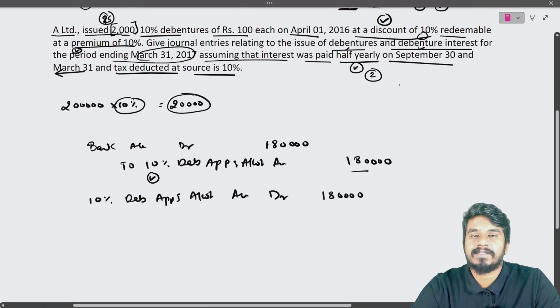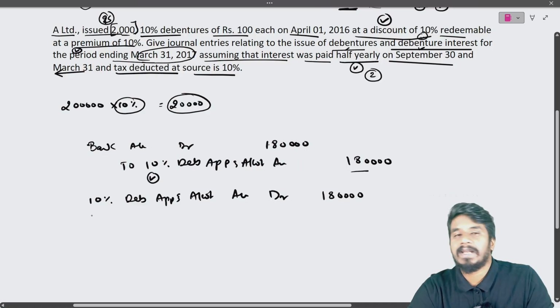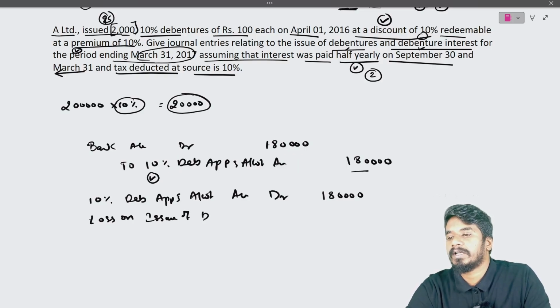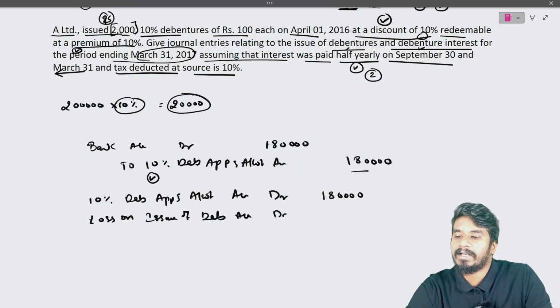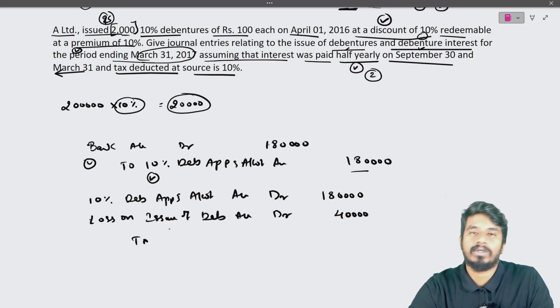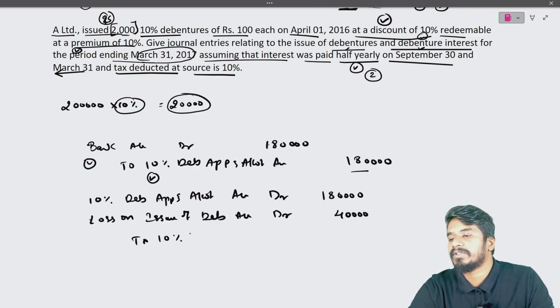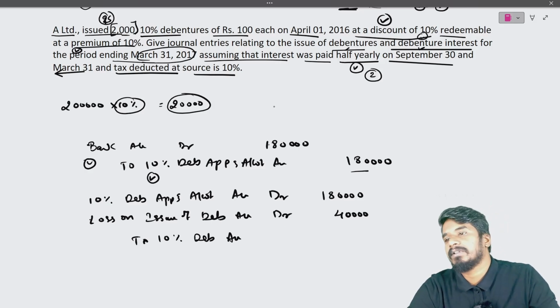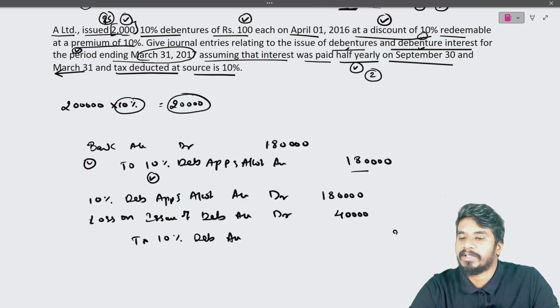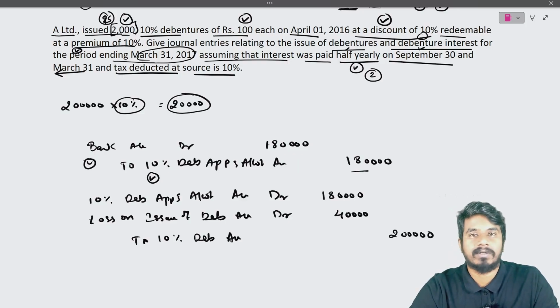If losses and expenses increase, we will debit it. Loss on issue of debenture account will get debited for 40,000. Now we need to transfer whatever we have received to debenture account. To 10% debenture account, we need to transfer the face value, 2000 into 100, that is 2 lakh rupees.